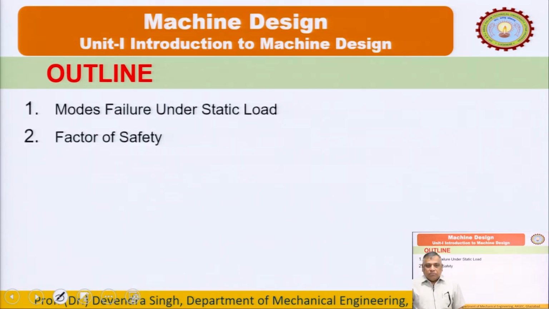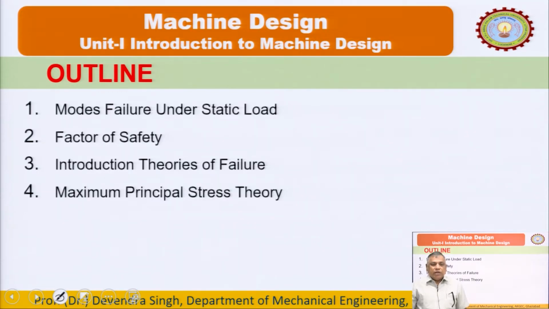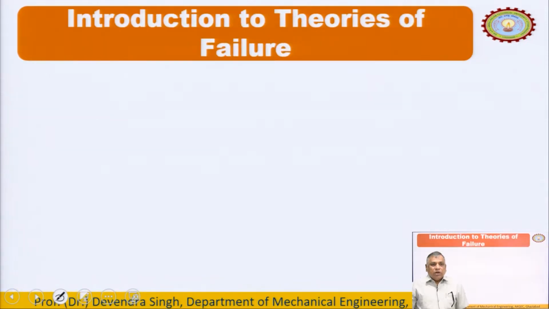Factor of safety, this is a simple number, I have discussed this in the last lecture, and the optimum factor of safety should be included in the design to make your design successful and safe. Then we will discuss the introduction to theories of failure, we start today in this lecture. Then we will discuss maximum principal stress theory, maximum principal strain theory, maximum shear stress theory.